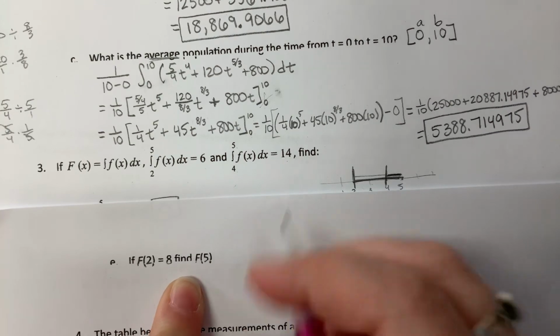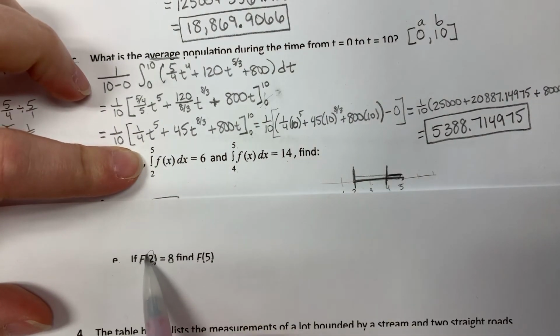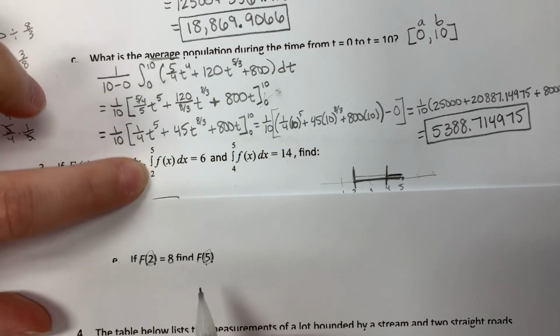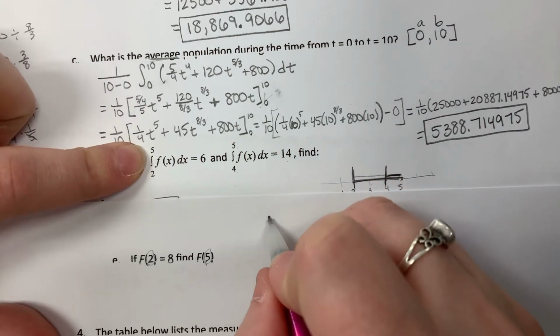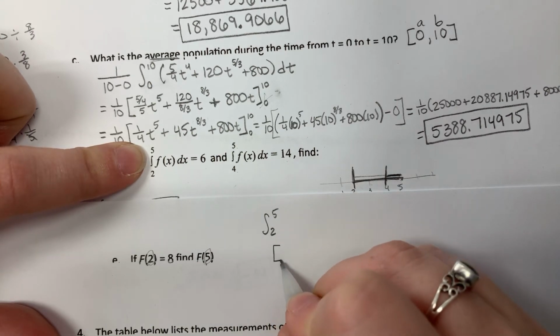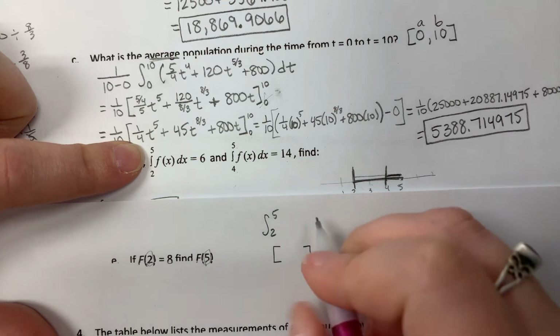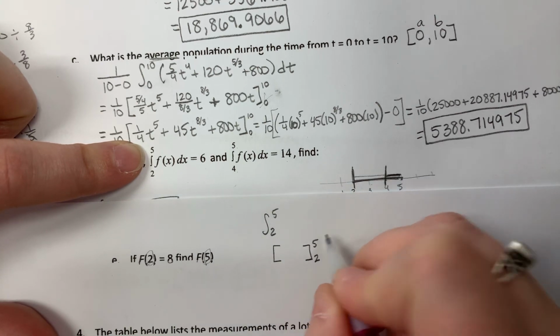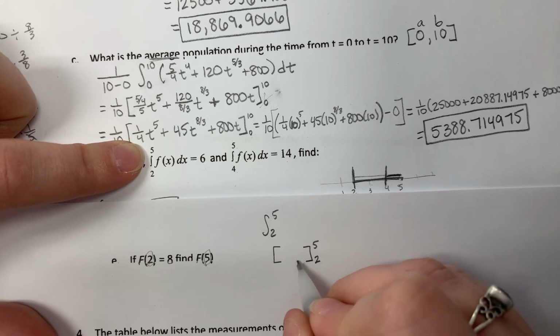So I want you to think about this logically for a second. First of all, I'm looking at what numbers they're giving me here. 2 and 5 tells me we're talking about this interval from 2 to 5. If I say, here's my integral from 2 to 5, what that means is I'm going to have to find the actual integral of it, and then I'm going to plug in 5 first, and then I'm going to subtract what I get when I plug 2 in.